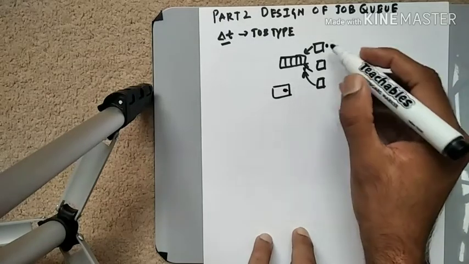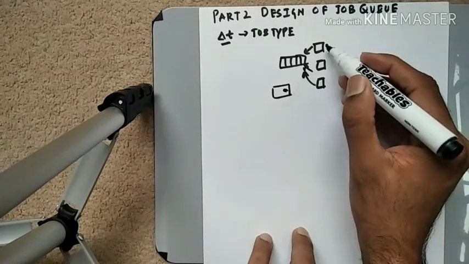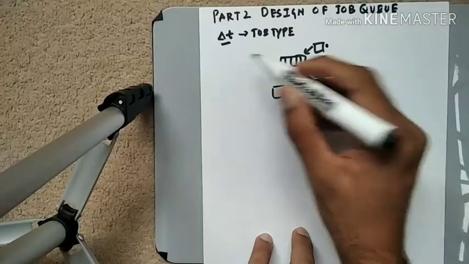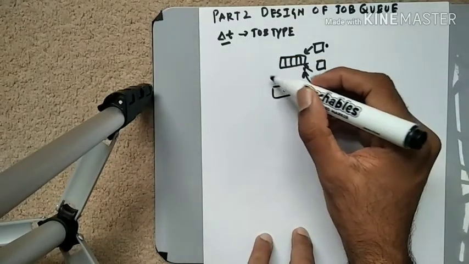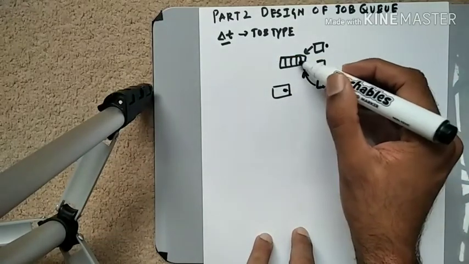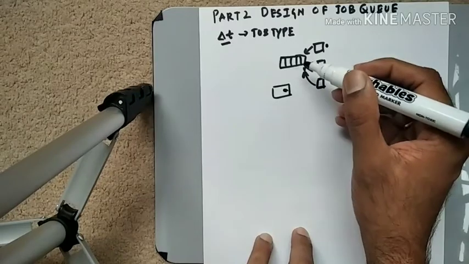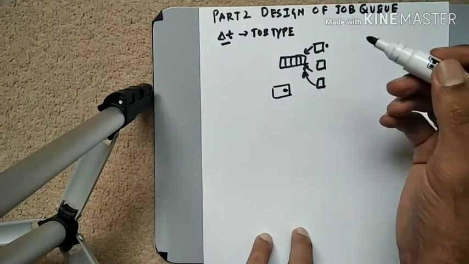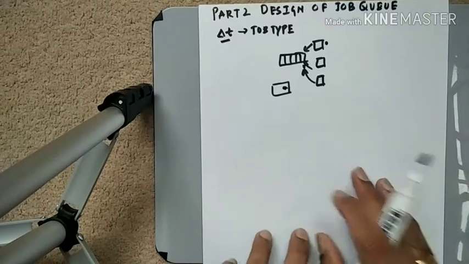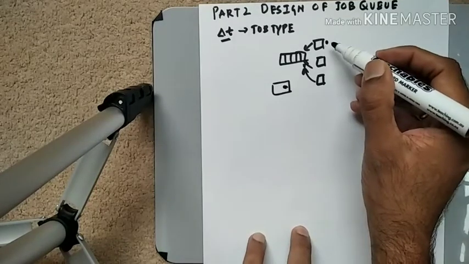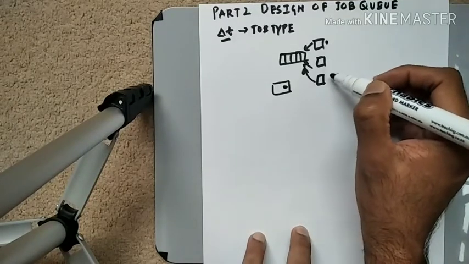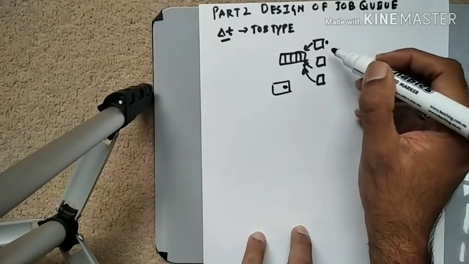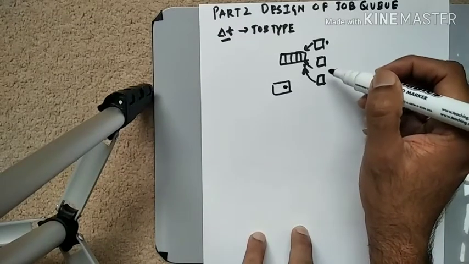And then if this worker has failed to complete this job within the delta time, we can push it back onto the job queue so that another worker can come and pick up the job from the job queue and work on it. Now, a point to note is that there could be multiple jobs that have failed to be completed by workers.